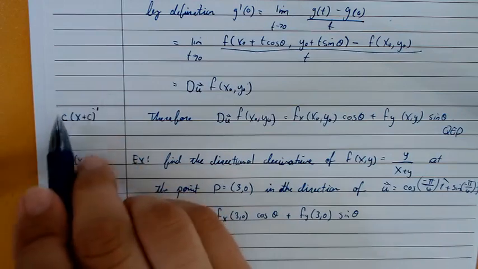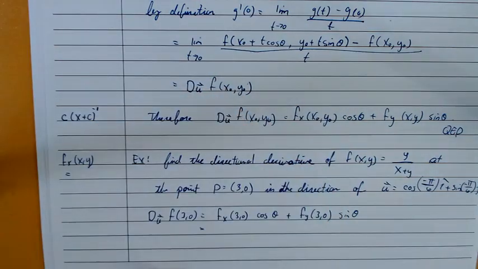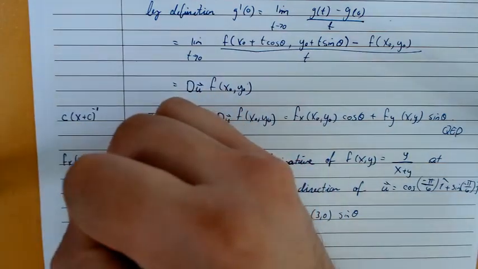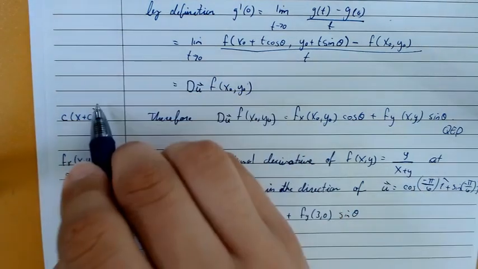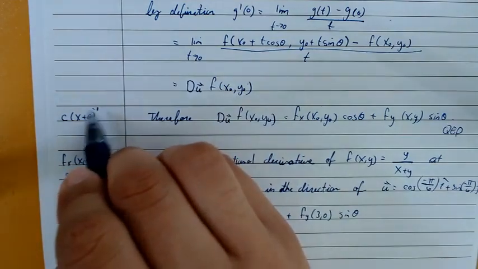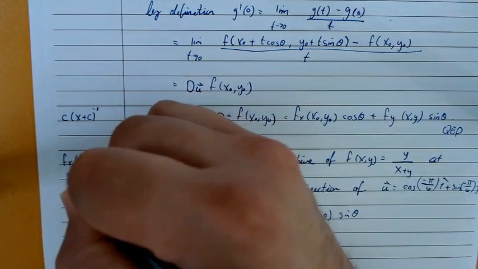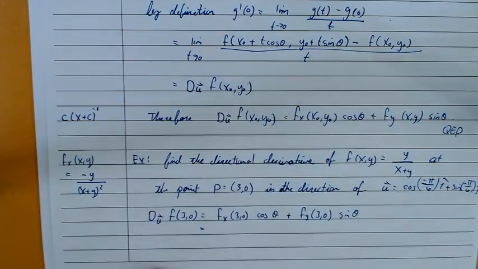Just use the power rule. Take my negative 1, bring it down, subtract 1 from the power. So that'll give us negative the constant, which in this case is a y, over, since you subtracted 1, that's now a negative 2, so we can write that as x plus our constant to the second power.